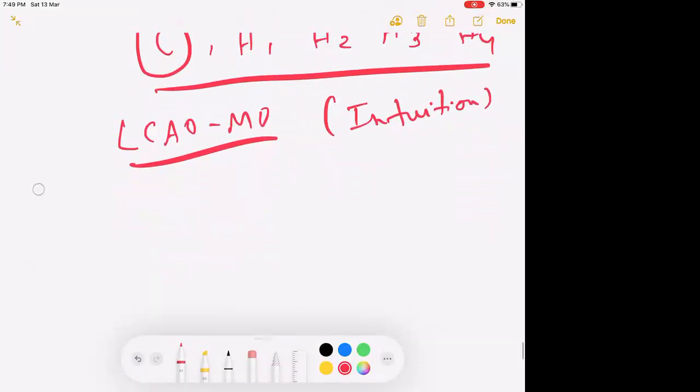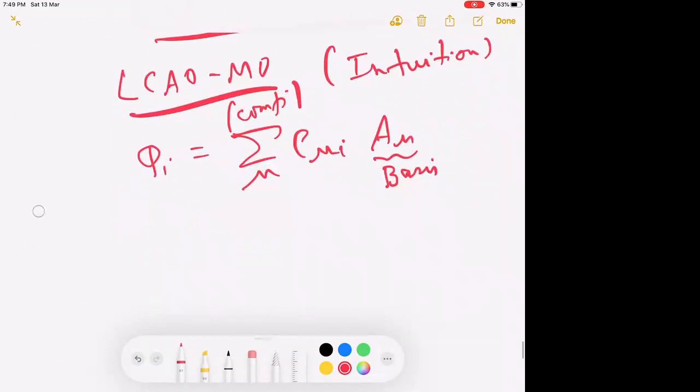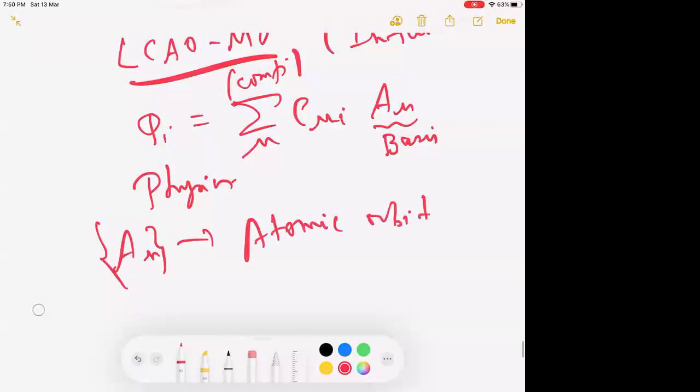So when I looked at this summation, that is just physics. Any basis, complete set, that's physics, no problem. It can be any basis. As soon as I say that these are atomic orbitals, this is where chemistry comes in.